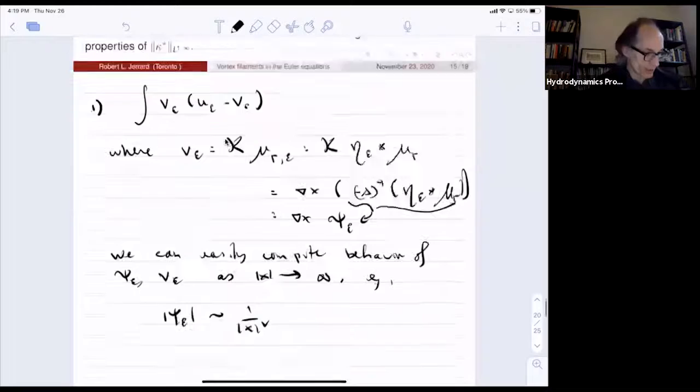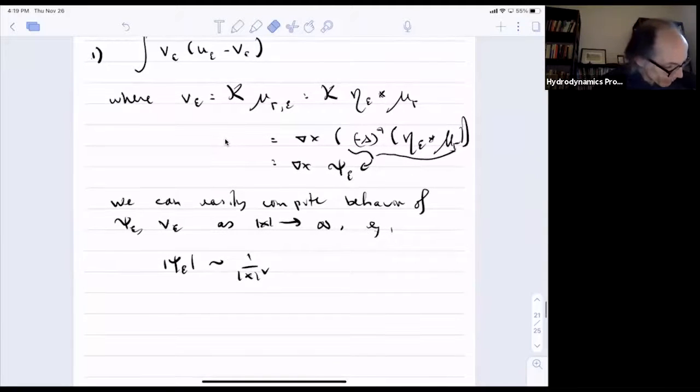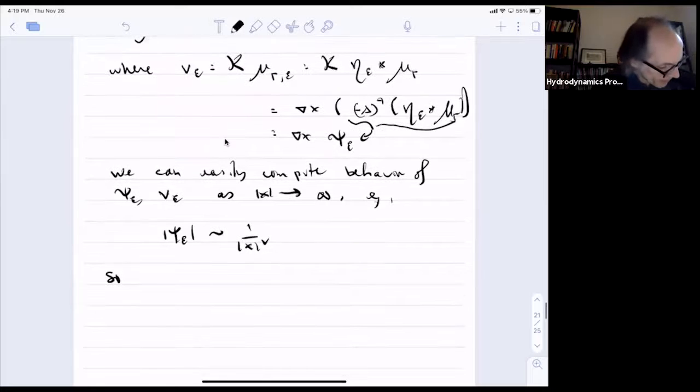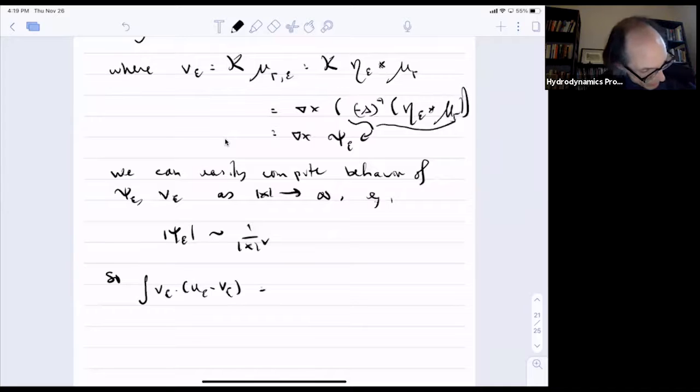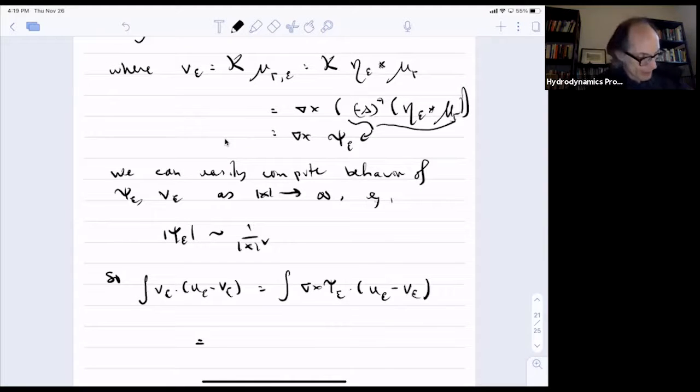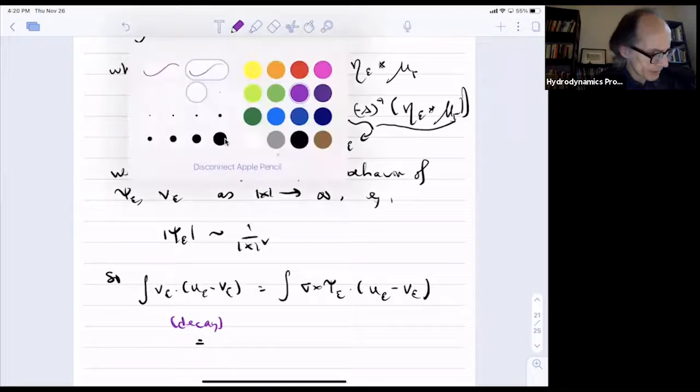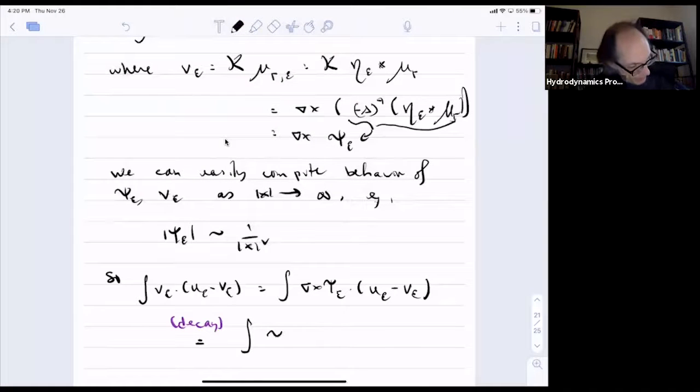Okay, and the point is, because of this decay of psi, I can justify integration by parts and move the derivative onto u epsilon minus v epsilon.